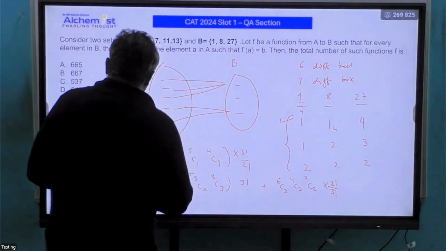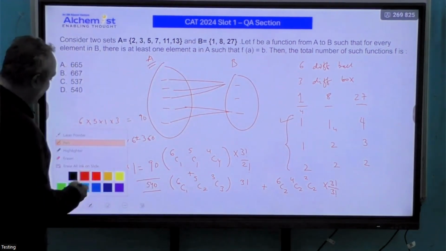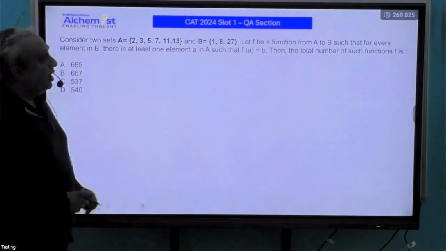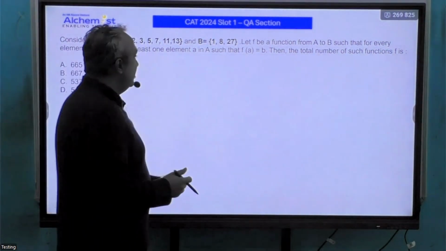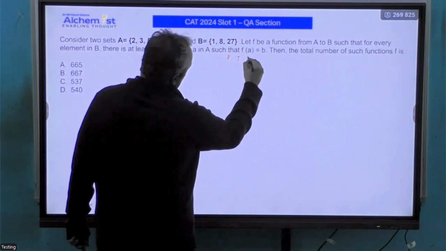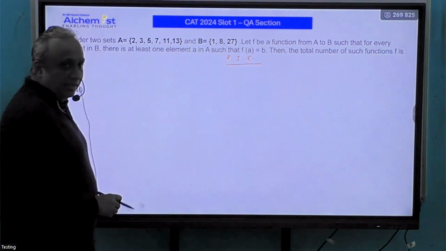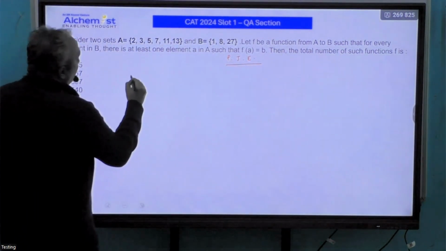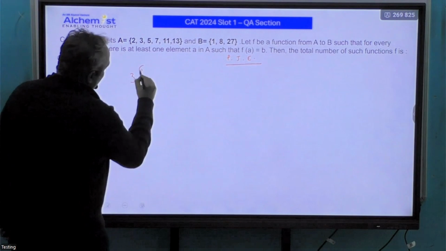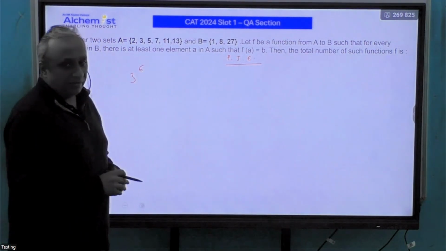There is another way to solve this question. For those students who are slightly advanced, or who have studied something called principle of inclusion and exclusion, they could have done this in another way. Now, in that case, I will just show you how you could have done it. The total number of ways would have been 3 to power 6, putting all the boxes, so every ball could go into any of the three boxes.